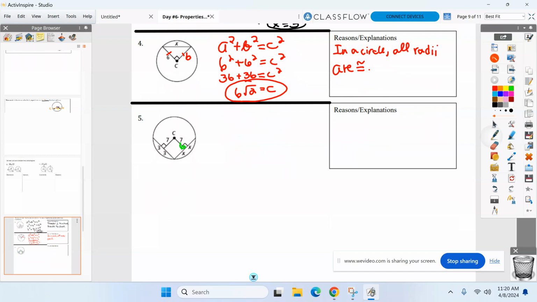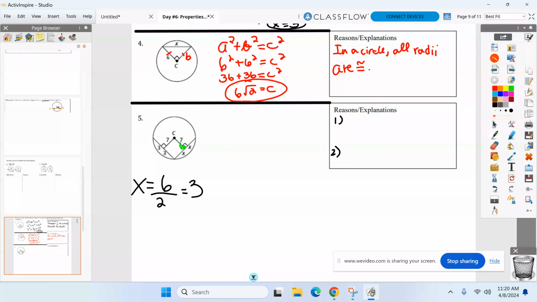And what is happening to this chord of 6 we just found? It's getting bisected because it's part of a diameter perpendicular to it. So yes, the algebra is easy to get x. I just take 6 and cut it in half. But I want to make sure we have both theorems down. Let's start with the first one.